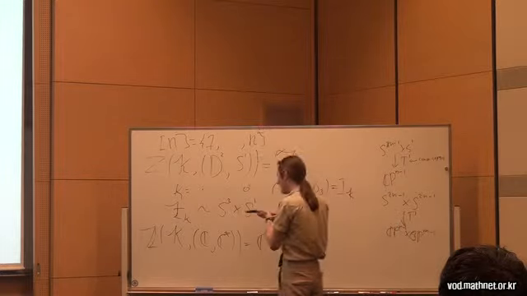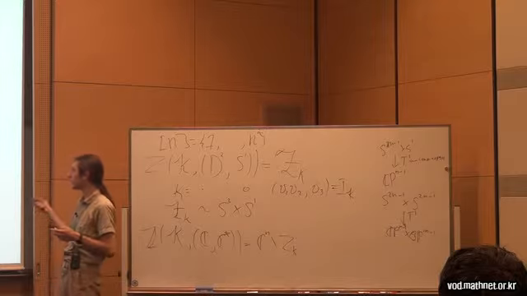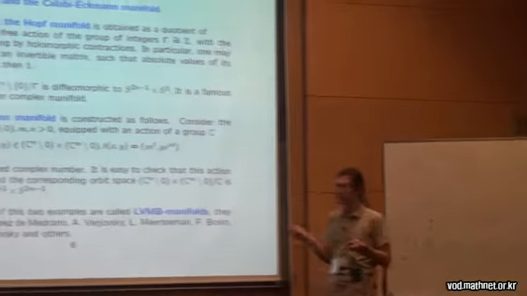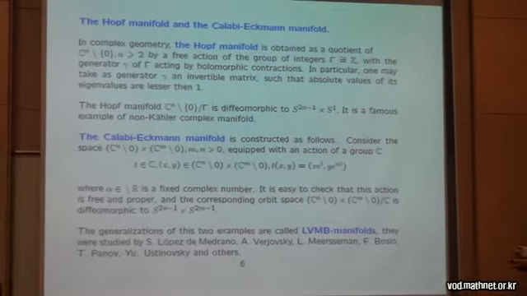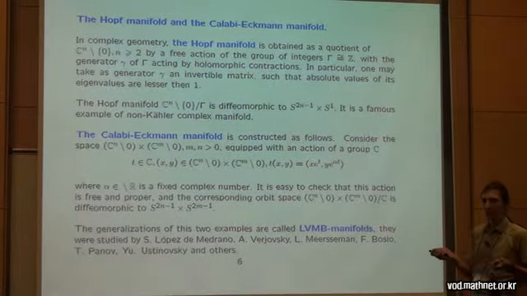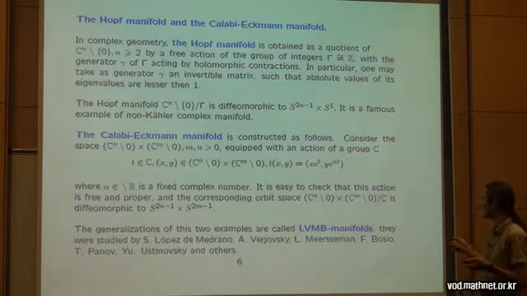Okay. These are very famous complex manifolds, and they're interesting because they are actually not algebraic and non-Kähler manifolds. So probably it is one of the best, most famous examples of non-Kähler manifolds.